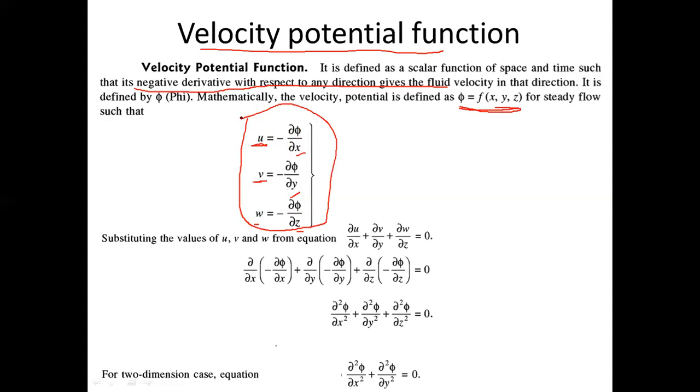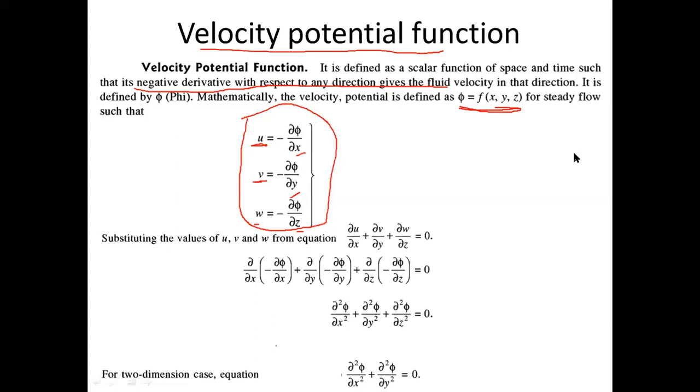Now you may wonder what the use of such a thing is. If for a flow the velocity potential function exists, and it is not necessary that phi will exist for all types of flow, but if phi exists for a flow, that means the flow will be irrotational.